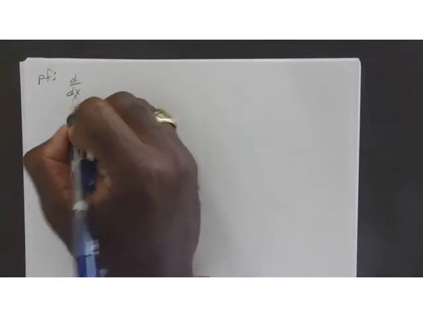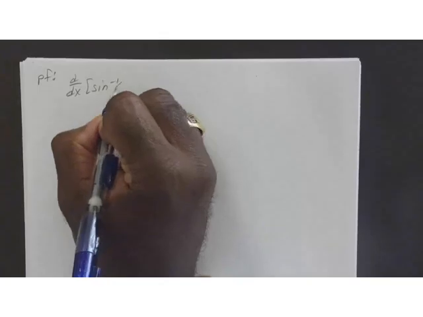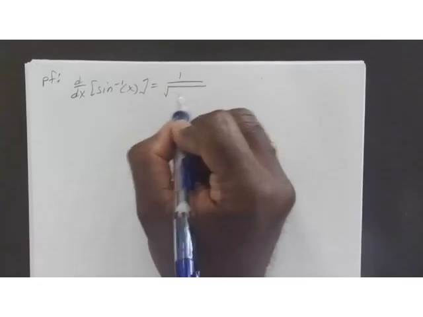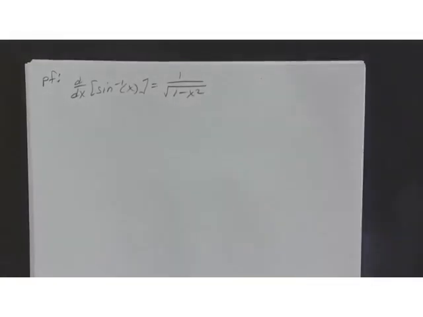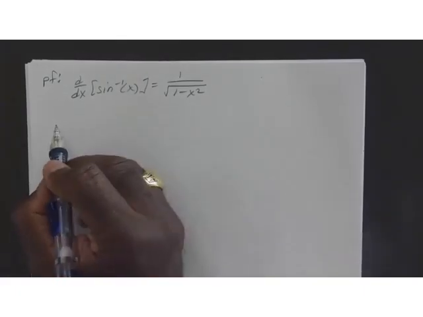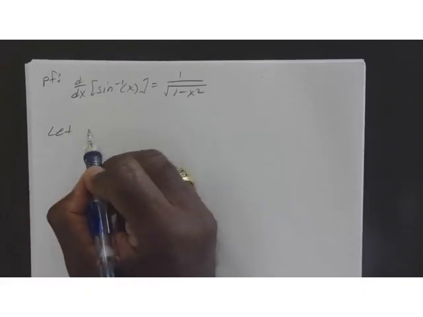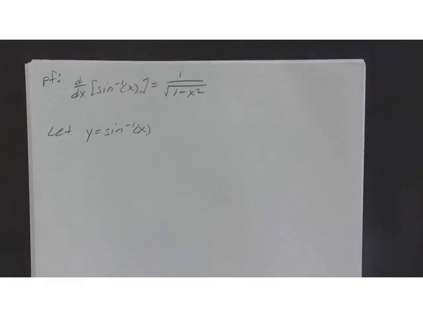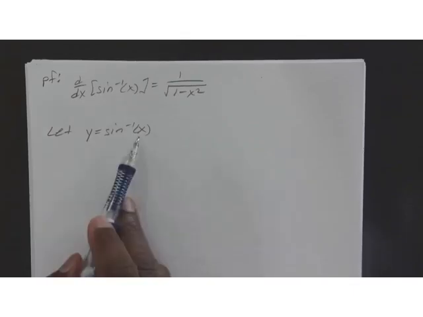So we have the derivative of sine inverse of x is equal to 1 over the square root of 1 minus x squared. So we're going to prove this one. So what if we let y equal our sine inverse of x? Okay. So with any other function, if we apply the function and the inverse, they cancel each other out, leaving just the argument.